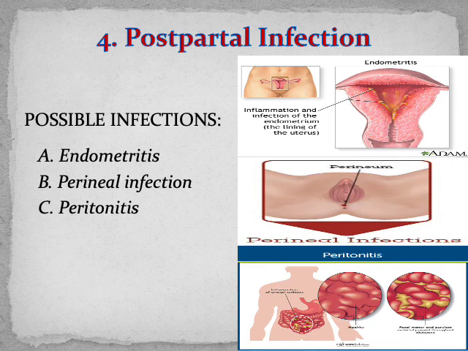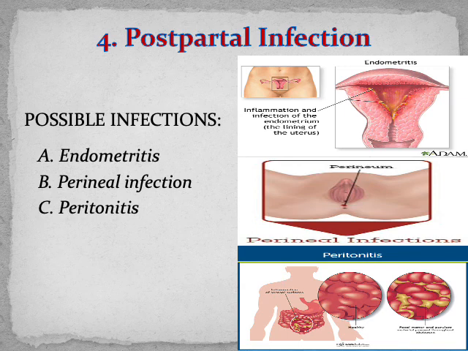Yung peritonitis on the other hand, the lowermost photo, already involves the other organs or the peritoneum. Ito yung membrane na nagko-cover ng ating mga abdominal contents, including the reproductive organs.